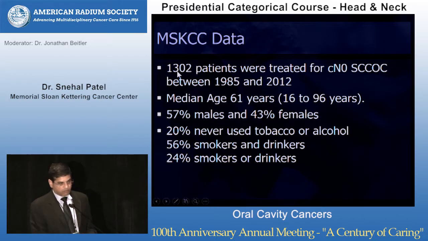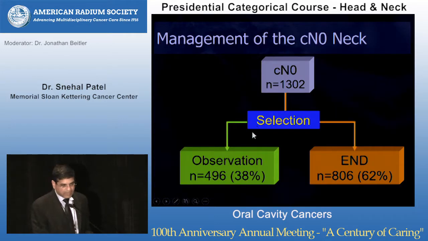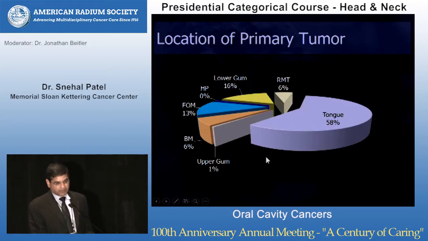Again, over 1,300 patients with a clinically negative neck treated for squamous cell carcinoma of the oral cavity. It's the usual patient population, smokers, drinkers, and about 2/3 of patients got an elective neck dissection based on the criteria that I just outlined for you. About 40% got observation of the neck.